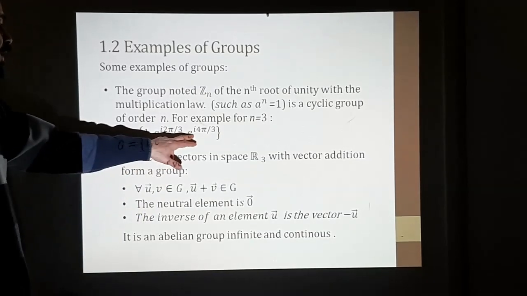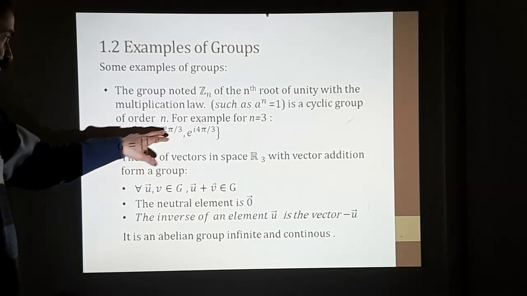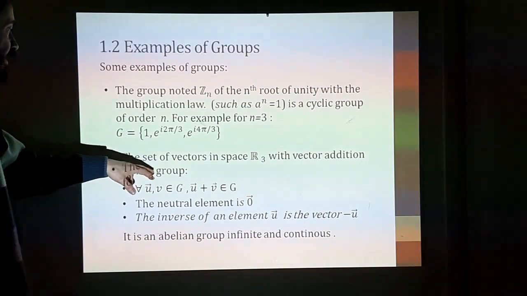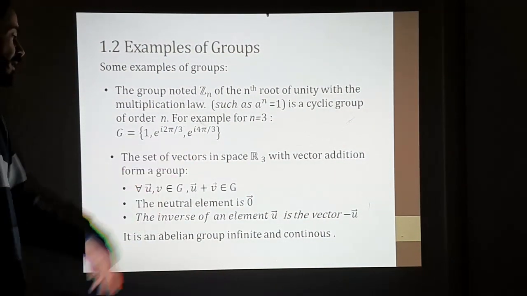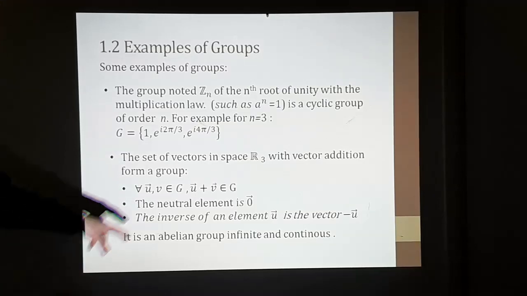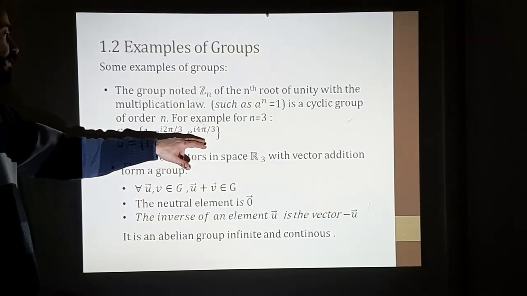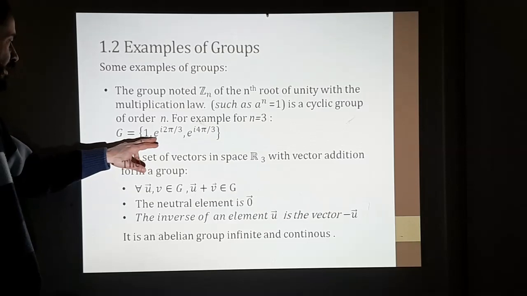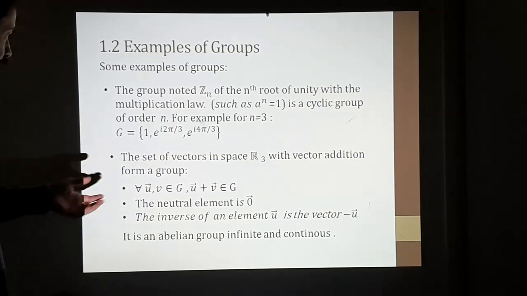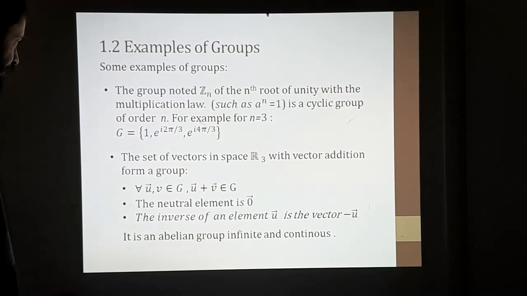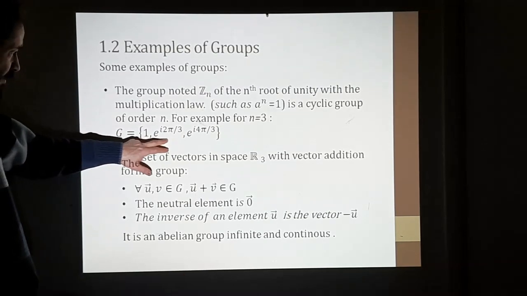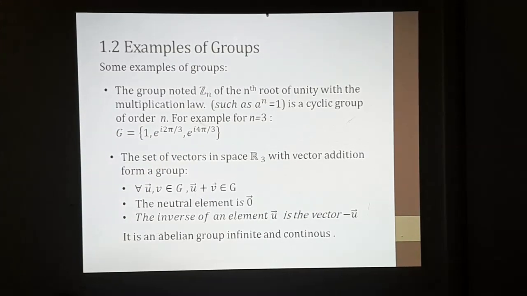Okay, because when you multiply e to the i2 pi over 3 by itself, you get e to the i4 pi over 3. When you multiply e to the i4 pi over 3 by itself, you get e to the i2 pi over 3, etc. So this is a cyclic group. It can be generated by this element, e to the i2 pi over 3.